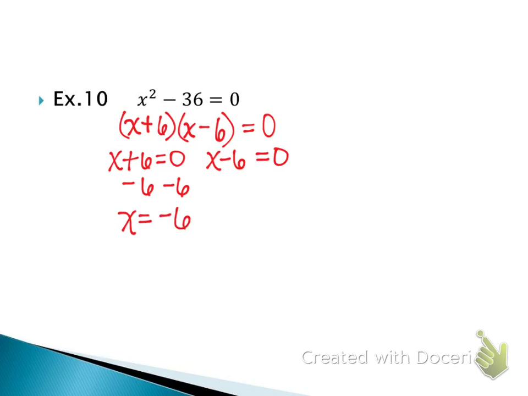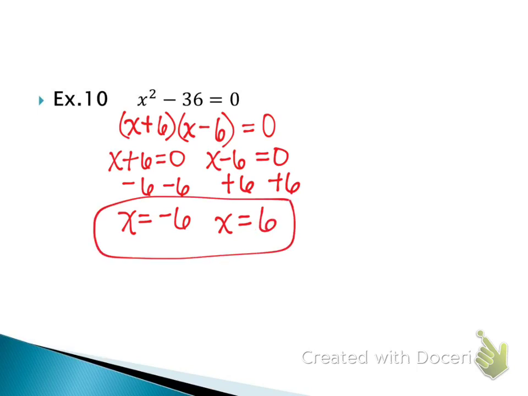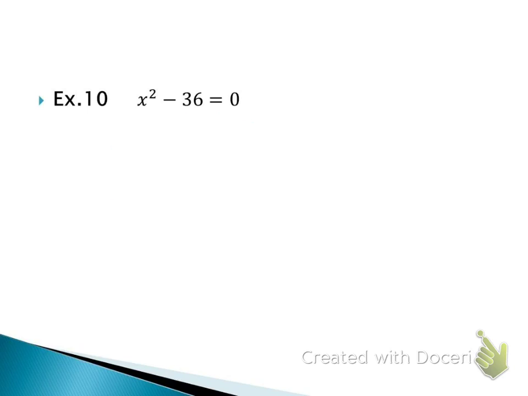The other one? Add 6. X equals +6. Questions, concerns about this one? All right, let's move on to number 11. Give you a moment to write it down real quick.